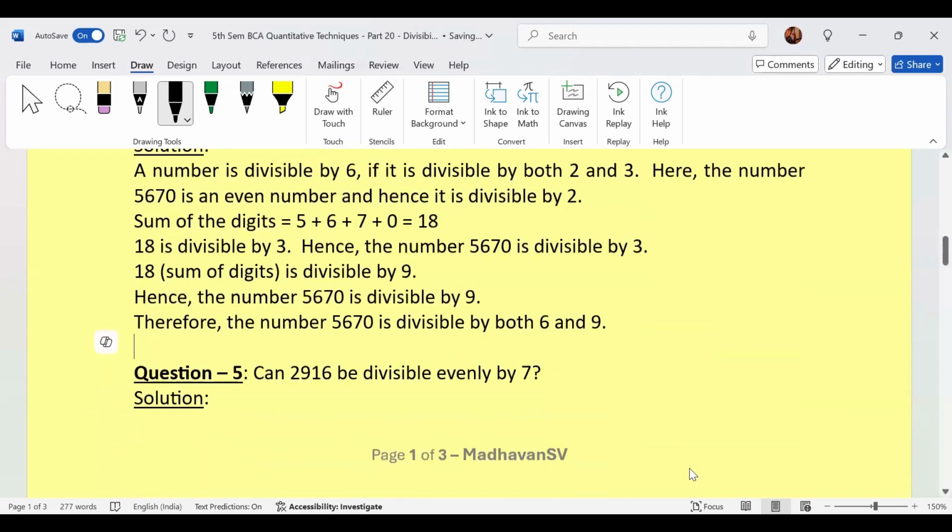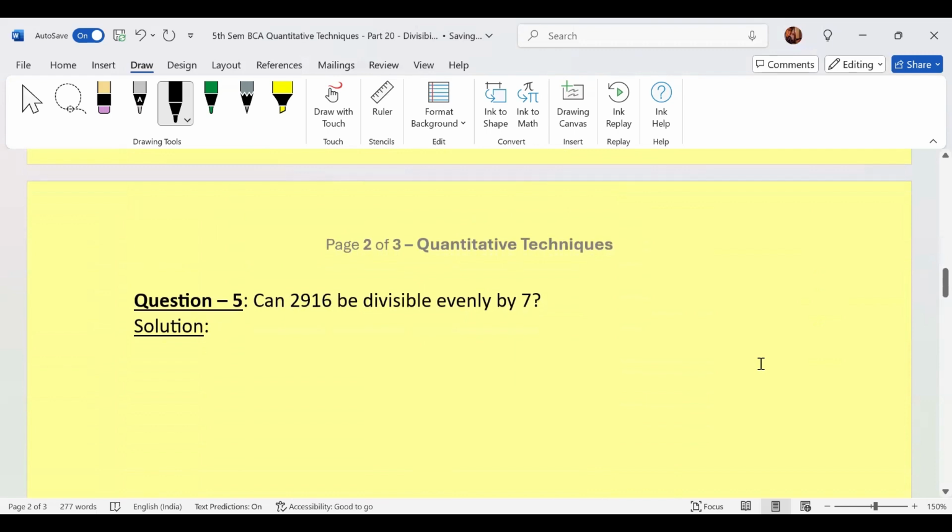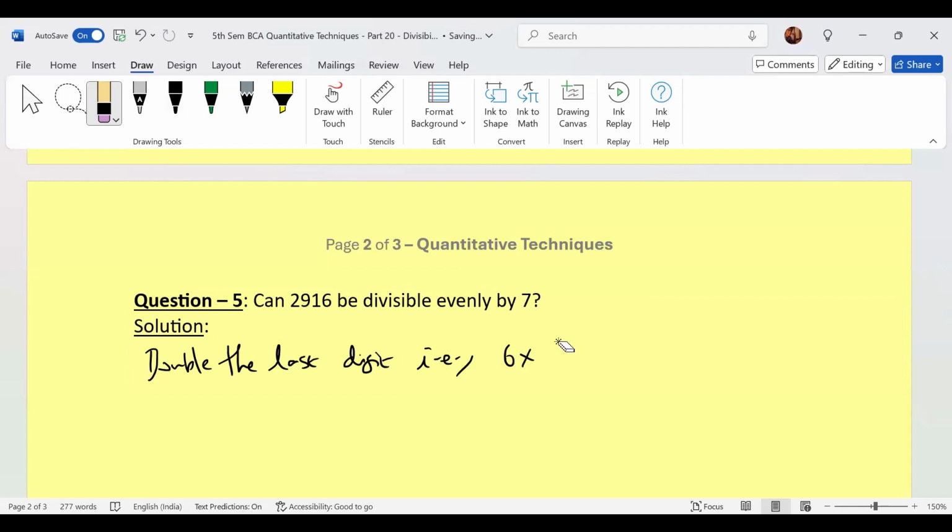Can 2916 be divisible evenly by 7? So for divisibility by 7, first let us consider the last digit, double the last digit, that is 6 into 2, which is 12.